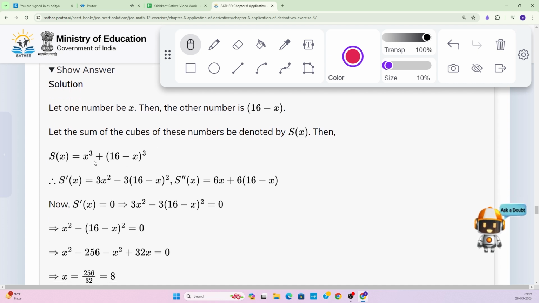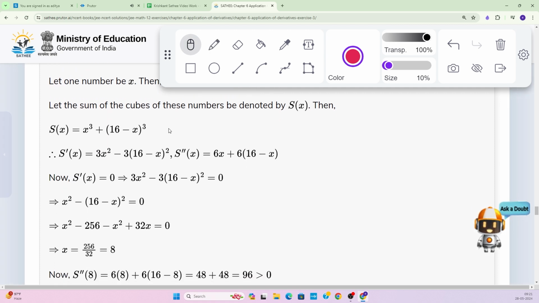Now find the first derivative. It will be 3x squared minus 3 times (16 minus x) whole squared, and the double derivative will be 6x plus 6(16 minus x). Now the critical point will be given by putting f prime x equal to 0.